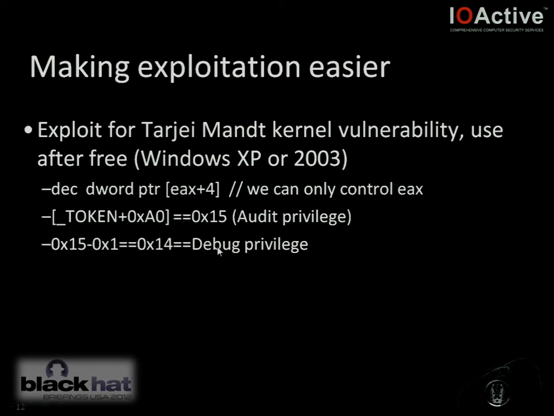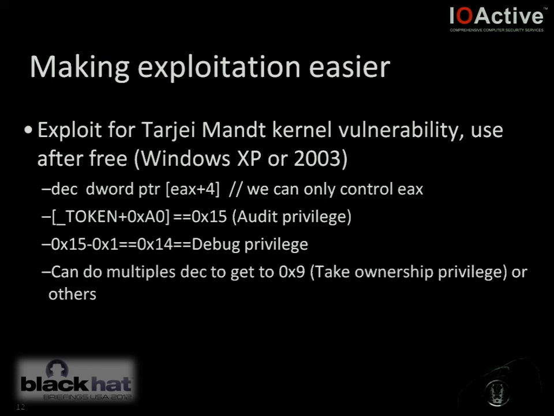So you can see again, the same vulnerability on Windows XP and 2003 becomes very easy to exploit, because we can know where this kernel address is, and by subtracting 1 from that kernel position, we are setting the debug privilege to our exploit process, and in this case, we can access any process on the system, inject code, etc. Of course, if you can do multiple decrements, you can continue decrementing until you get another privilege enabled, like take ownership or another privilege. Or you can increment, you can do the opposite. Right?